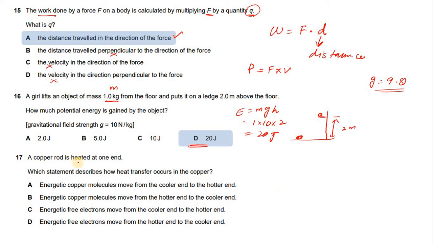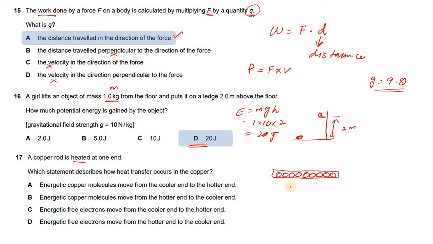A copper rod is heated at one end. Which statement describes how heat transfer occurs in the copper? So it is a solid object being heated, and heat is transferred from one end to another end. Remember, this is the conduction process, in which we have two processes. So we have a rod, and these are the particles. Remember, these are lattice ions, positive ions.